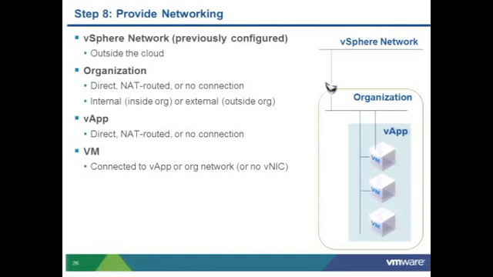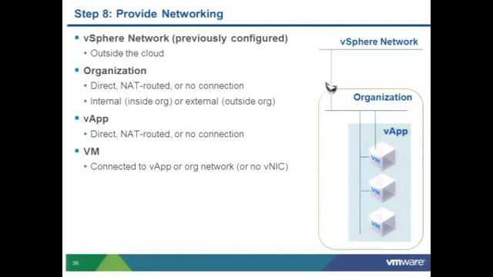Each VM can connect to a vApp network or an organization network, or you can have the entire vApp connect to another vApp network or an organization network. Think of a multi-tiered application where you have certain vApps, certain VMs in the vApp that need to talk to each other or need to talk to other vApps or to the outside. And in vCloud Director, when you provision these networks, you have an option of what's called either direct or NAT routed.